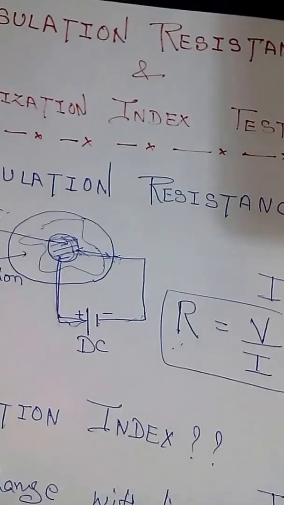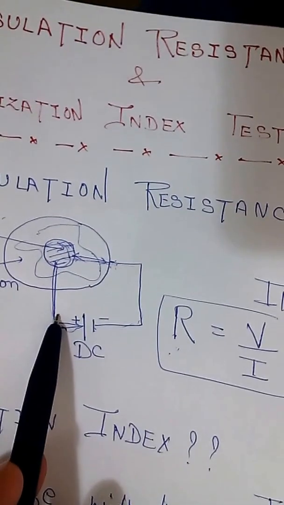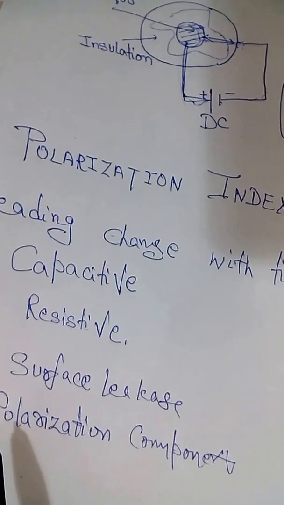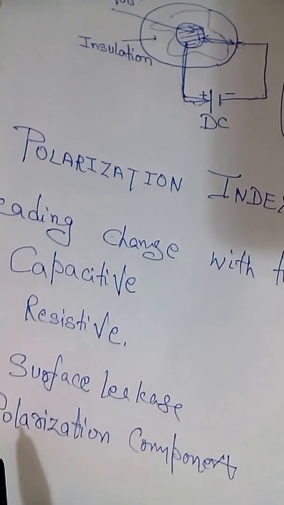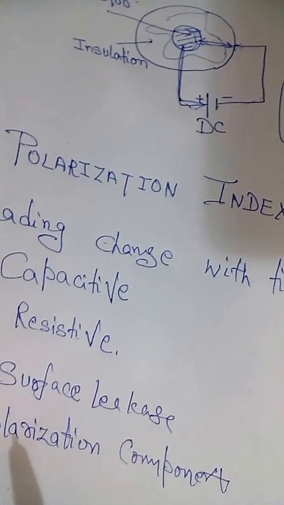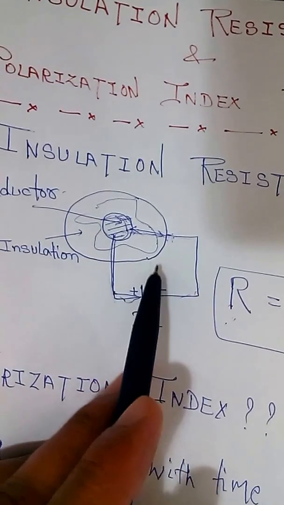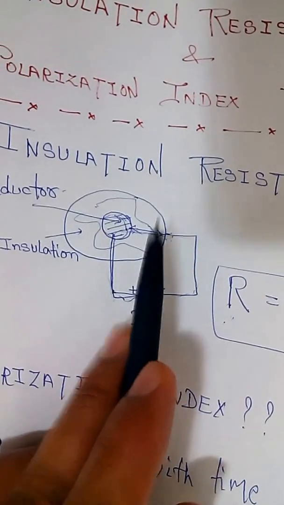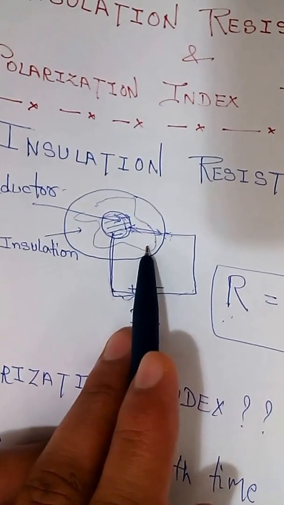The current that we are supplying has four components: the capacitive component, the resistive component, the surface leakage component, and the polarization component. Talking about the capacitive component, when a DC voltage is applied across this insulator, as it is a dielectric material, it will polarize and act as a capacitor, so it will take some charging current.